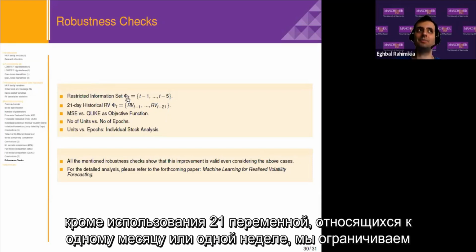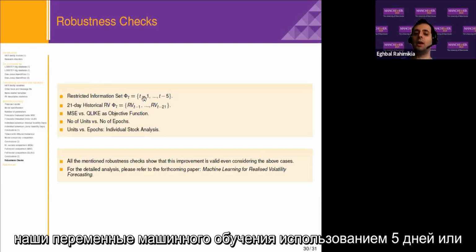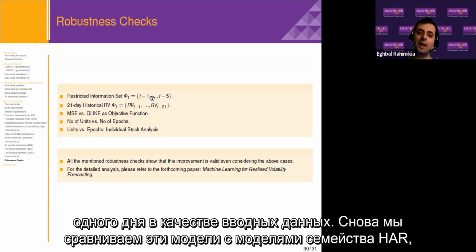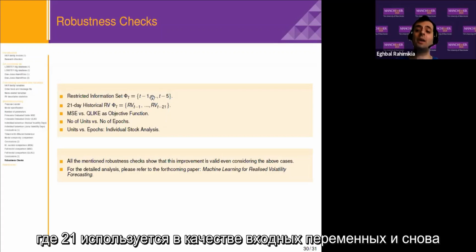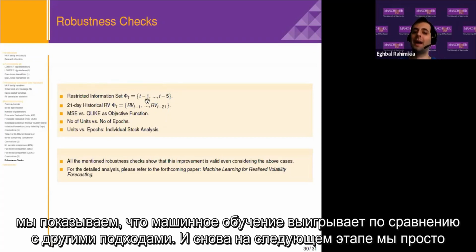It means that instead of using 21 days or 1 month of variables, or 1 week, we are restricting our machine learning variables to just using 5 days or one day, the previous day, as input data. Again, we are comparing these models with the Haar family of models with 21 days as input variables. And again, we show that machine learning is the winner here.